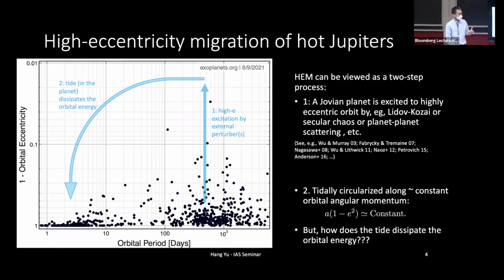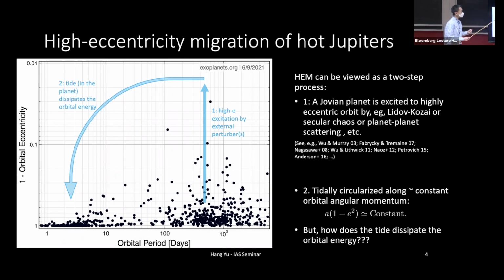Alternatively, the Jupiter may go through a series of scattering processes with other planets, and eventually it gets launched to a highly eccentric orbit. In any case, once the eccentricity excitation is sufficiently high and the pericenter distance is sufficiently small, then tidal interaction can take over. And we now move on to the second step of this process.